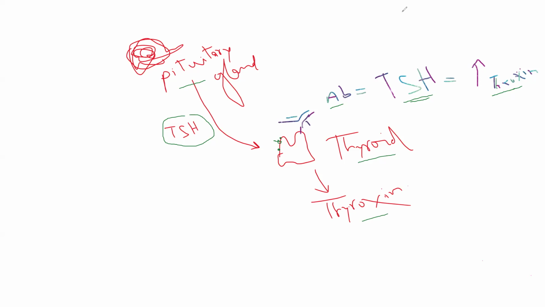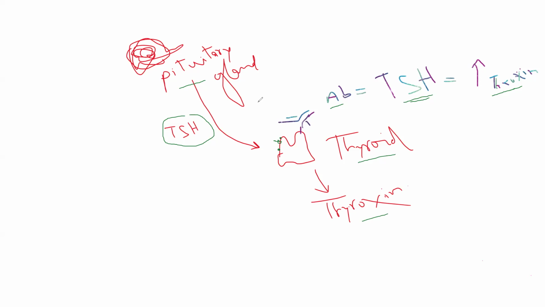When there was no disease, thyroid stimulating hormone controlled the production of thyroxine, and this thyroxine, with the help of a feedback mechanism, controlled the production of TSH.